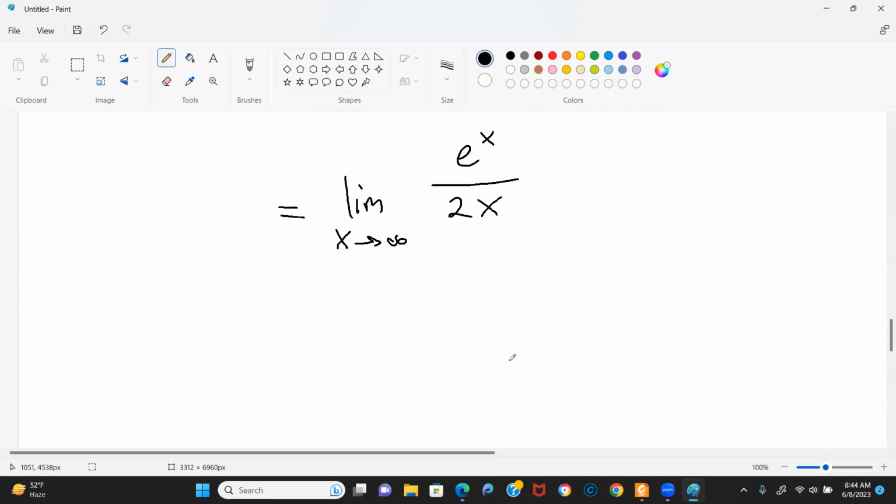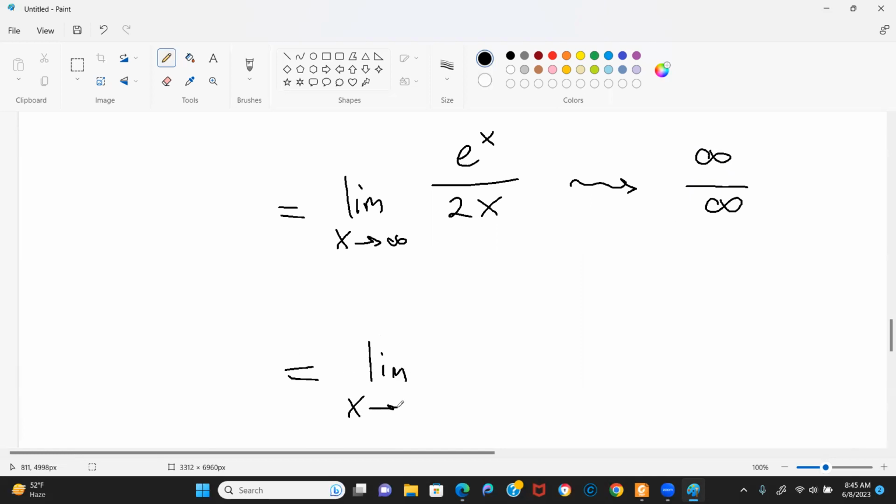All right. Now, can we evaluate this limit? Well, no, because as x goes to infinity, e to the x goes to infinity, and 2 times x goes to infinity. Again, you can just look at the graph of 2x. It's the line through the origin that definitely goes to infinity as x goes to infinity. So we have to do L'Hopital's rule again, and that's all right.